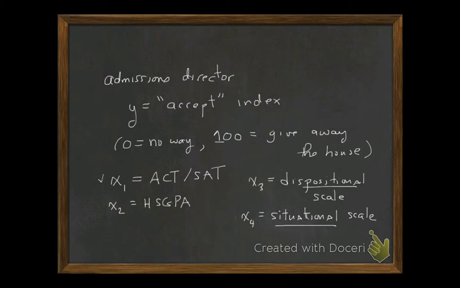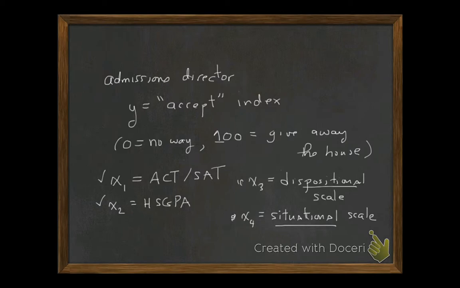Well, as you can see what I'm setting up here, ACT and SAT are submitted. Those scores are easy to get. Part of the application package is typically your high school transcripts, so your high school GPA is easy to get. But these, x3 and x4, this dispositional data and situational data, those are tougher. They take more extensive testing, and it gets into validity and reliability and things of that nature.